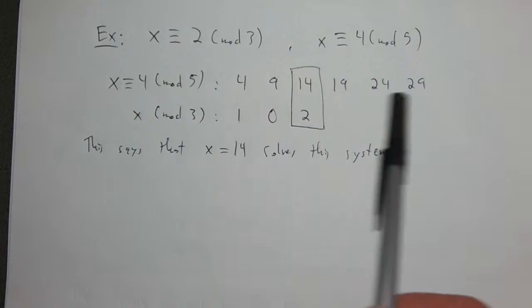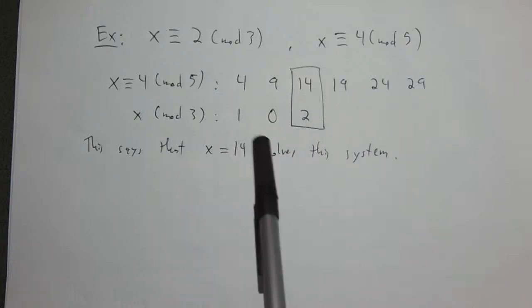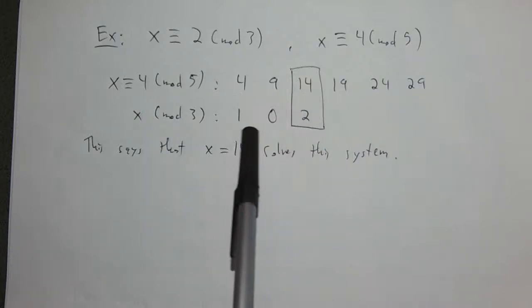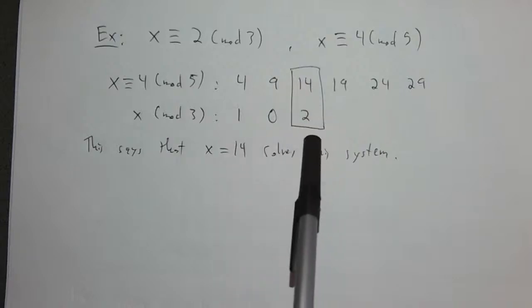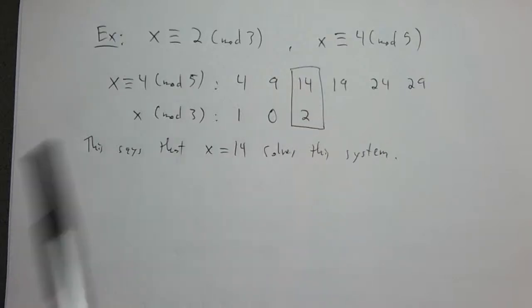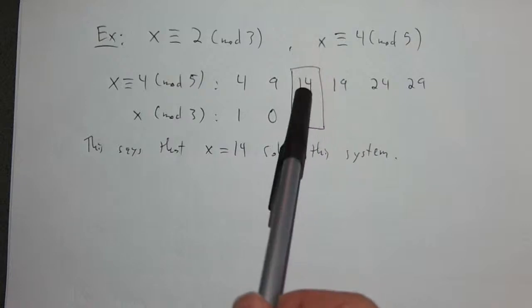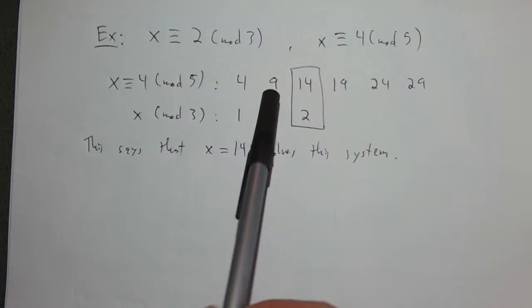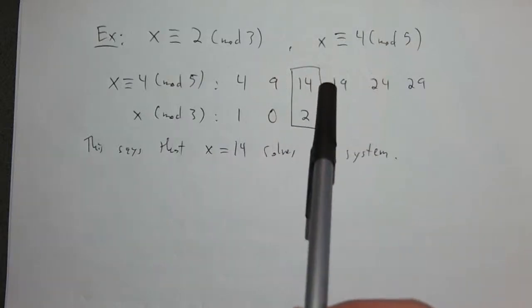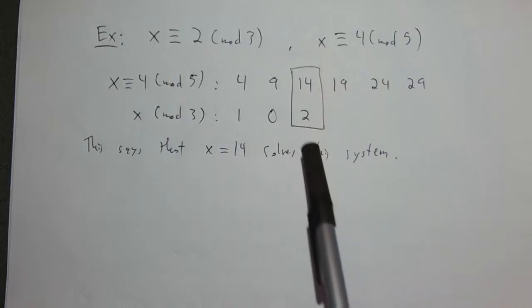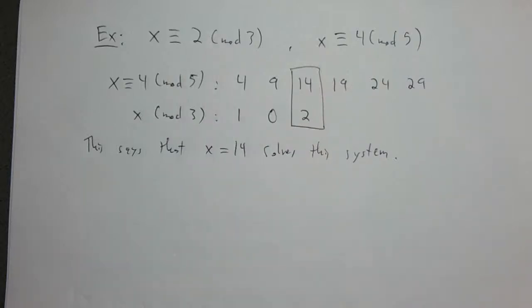And then listing out what these things are mod 3, I'm looking for when one of these is equal to 2. Because when one of these is equal to 2, the fact that it belongs in the first line tells me it solves the right congruence, and it being 2 in the second line tells me it solves the left congruence. Okay. So because of that, this is my method for finding something that solves both congruences.